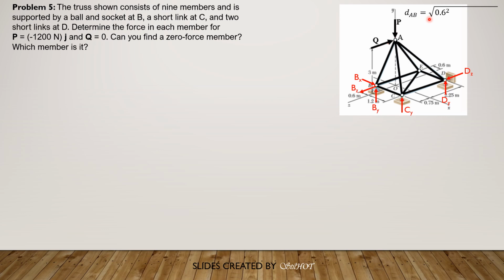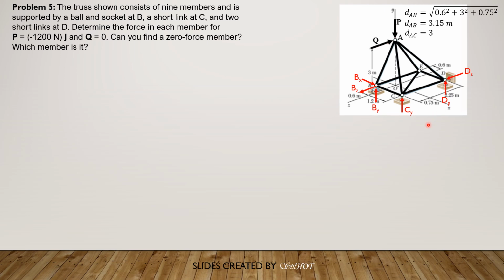Then distance AB is the square root of, along x, 0.6 squared, plus along y, 3 squared, then along z, 0.75 squared. So distance AB is 3.15 meters.